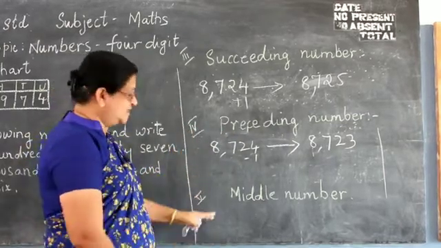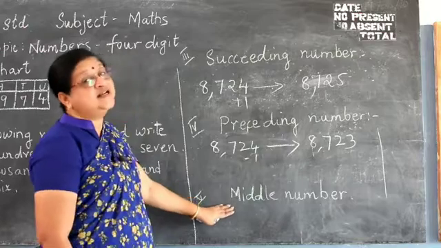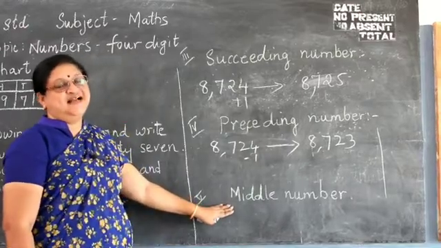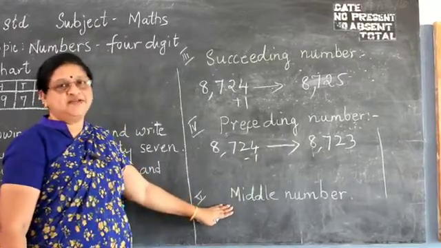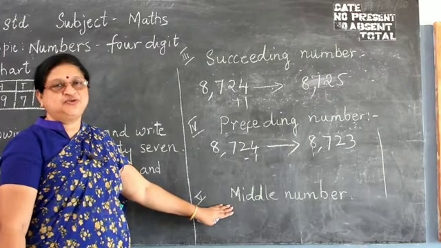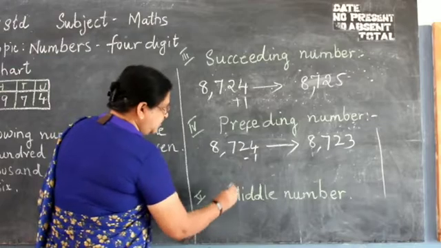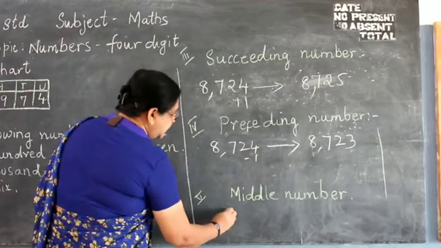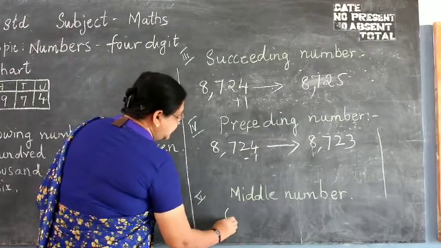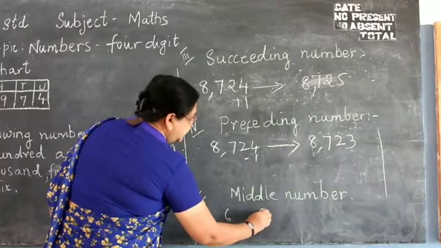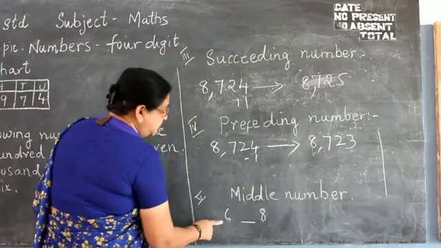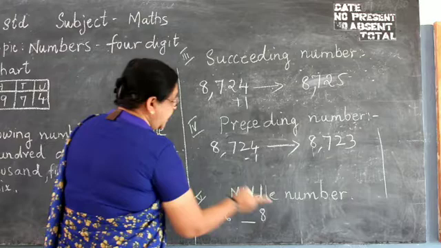Now the next is what comes in the middle number. I think you have done this in your previous class with 1 digit, 2 digit and 3 digit. So suppose I just do with 1 digit, children. 1 digit I give you, there is 6 and 8. What will come between the number 6 and 8?